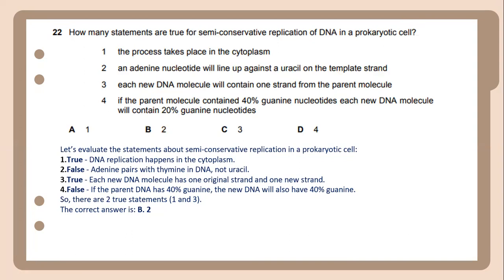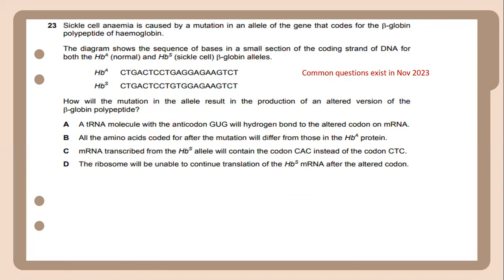This is false because if the parent DNA contains 40% guanine, the new DNA will also have 40% guanine. So the true statements are only 1 and 3. 2 only.